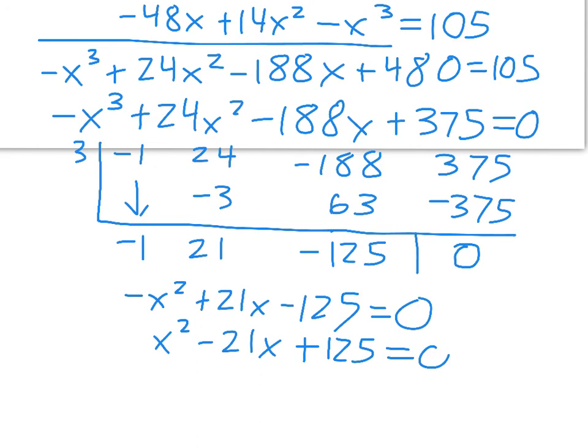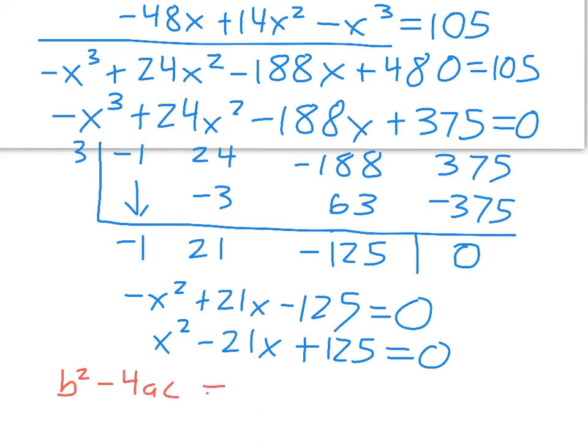That doesn't look factorable. So before I solve that, I'm going to check what the discriminant is. Remember, the discriminant is b squared minus 4ac.